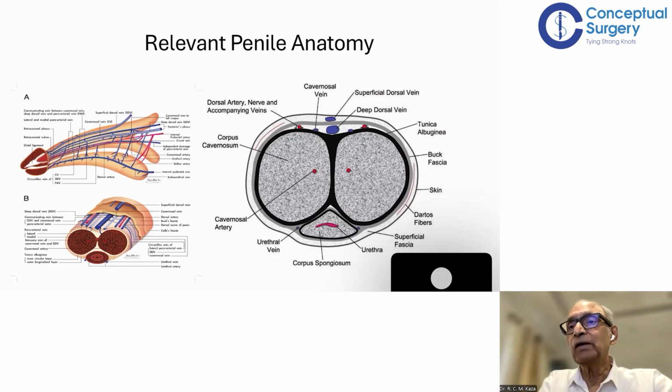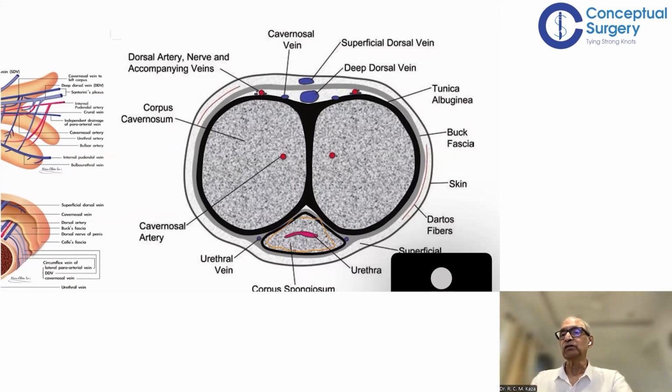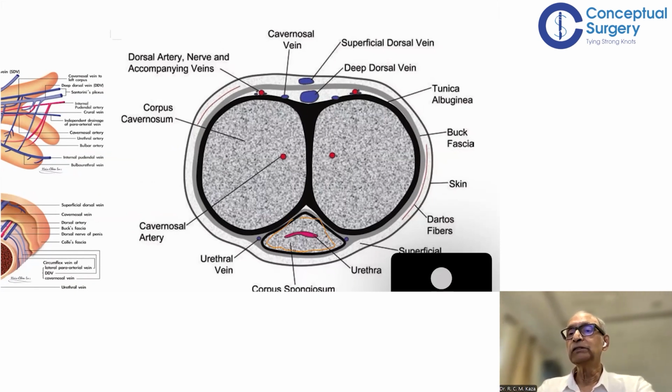So now, for example, if you see this particular diagram, what you're seeing is the two corpora cavernosa and then the corpus spongiosum. This is the spongy area, right? This particular area. And these two on either side are corpora cavernosa. And the urethra is contained in the corpus spongiosum.